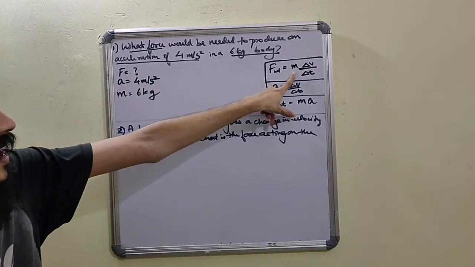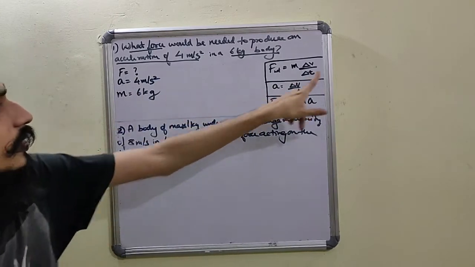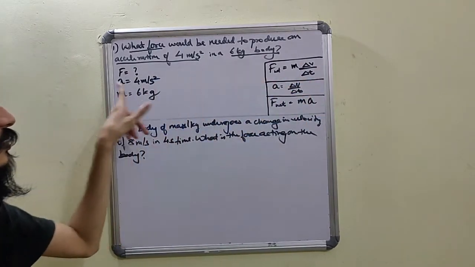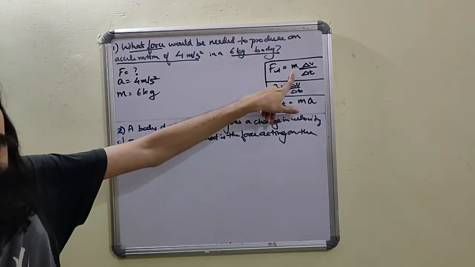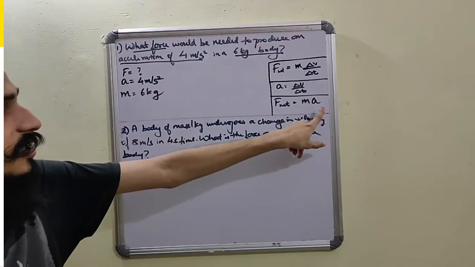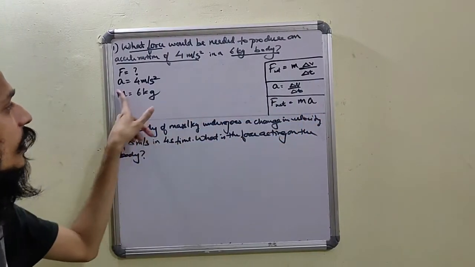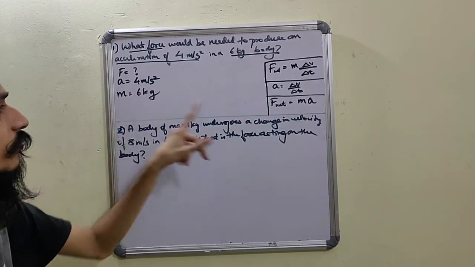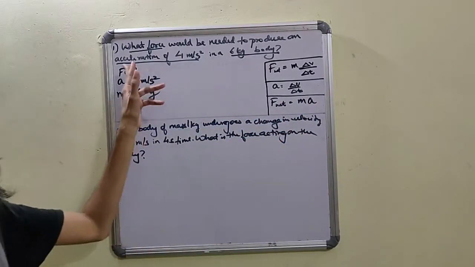In the first formula I have m, but I don't have V and T over here. I only have A, so I cannot use this formula. I'll use this formula because I have m and I have A also, and F on the left side, which is exactly what I need to find.